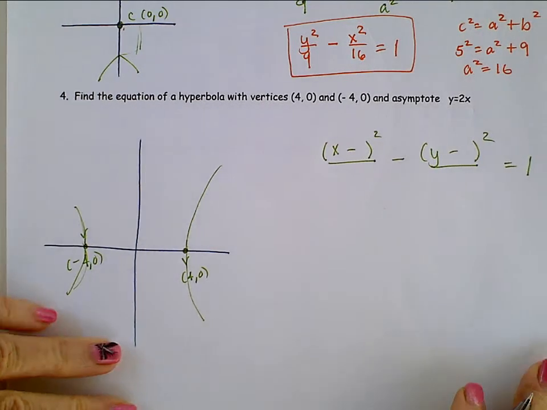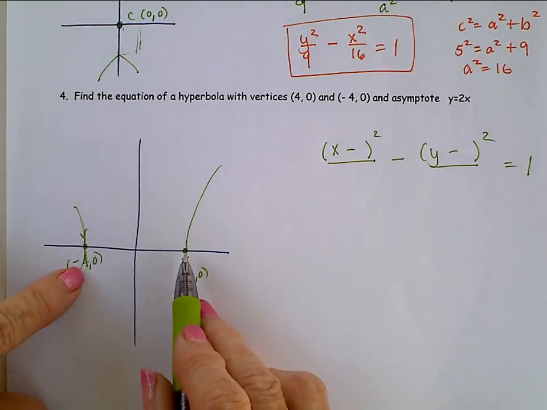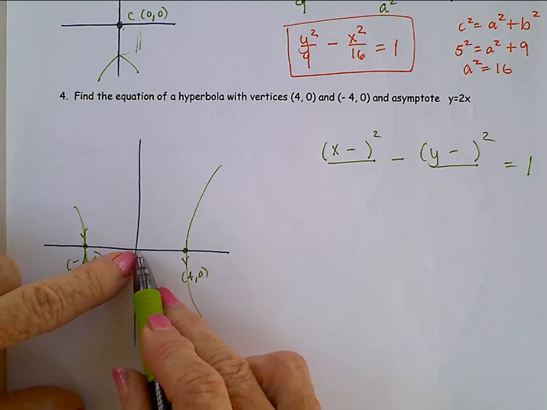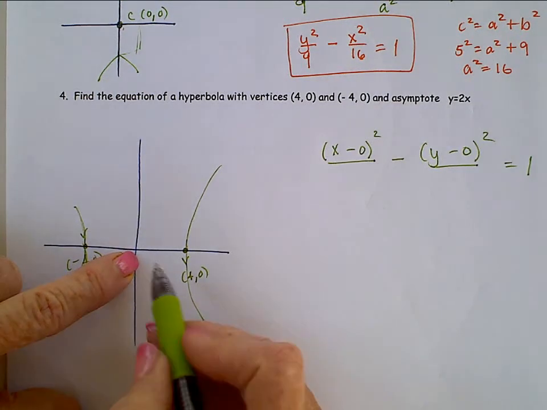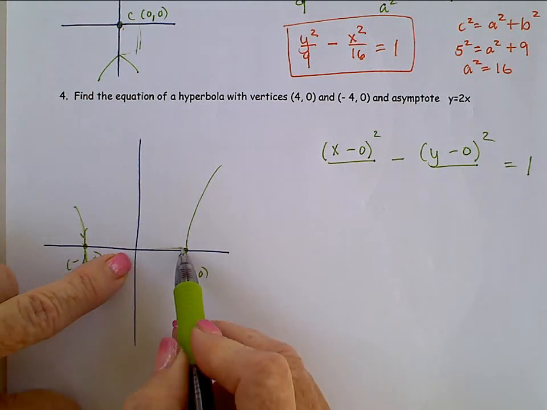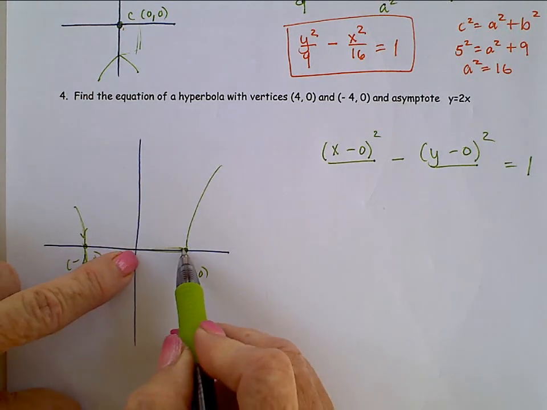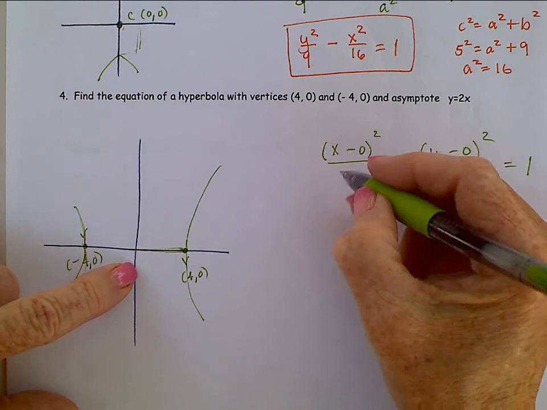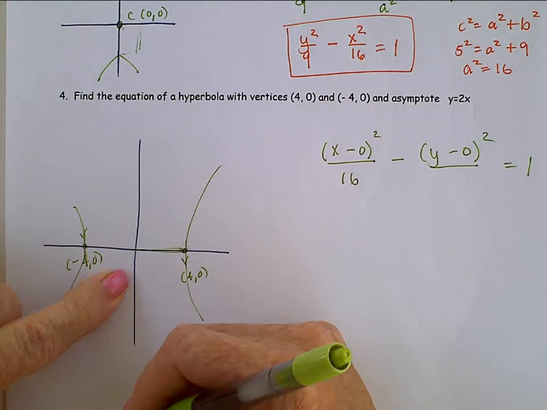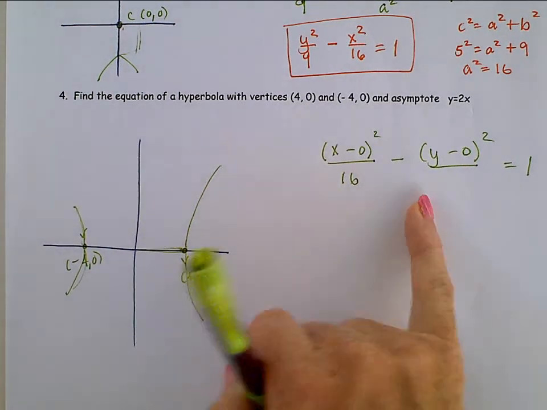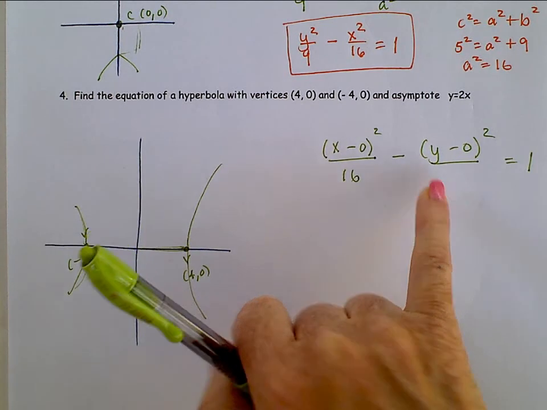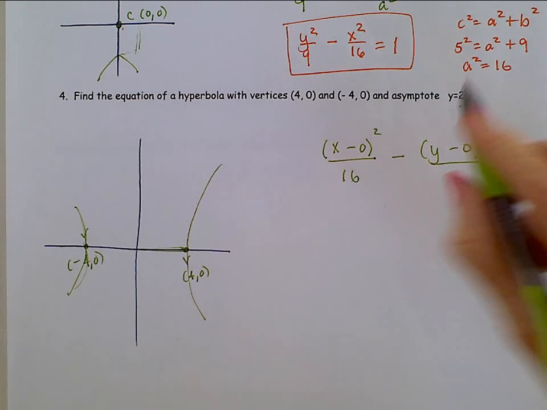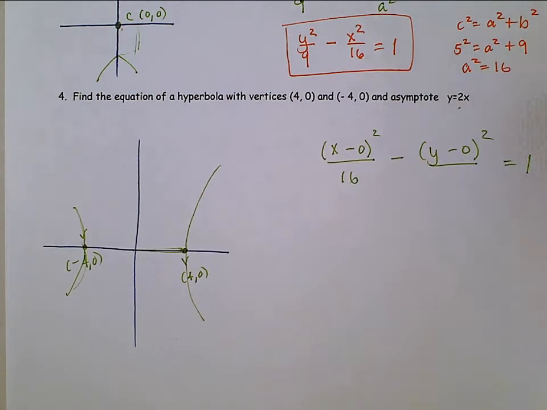All right, if the vertices are at (-4, 0) and (4, 0), then the center must be at (0, 0). That's nice. X direction, we went 4 units in each direction. That means a 16 has to go here. And we need that. We do not have a focus, but we do have an asymptote, y equals 2x.